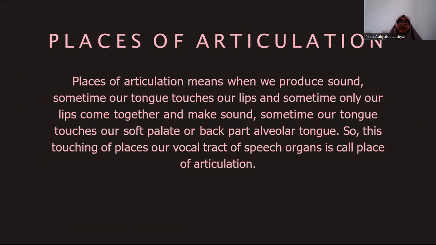Sometimes our tongue touches our soft palate or back part, alveolar. So this touching of places in our vocal tract or speech organs is called place of articulation. And the other means is where the vocal tract is shut off or narrowed.